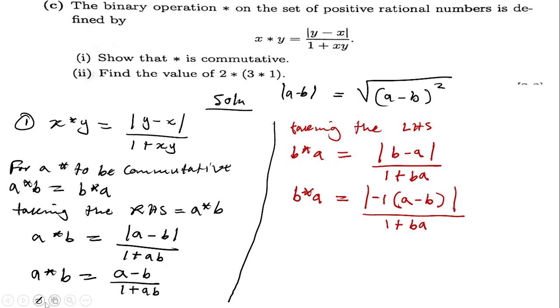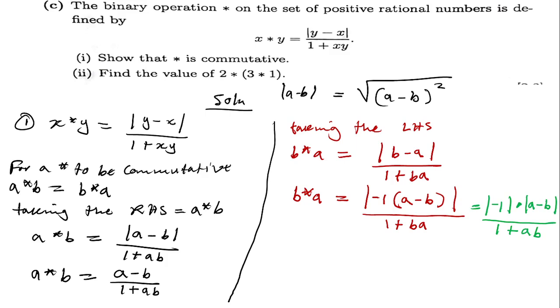After I do that, the next thing I shall do is, this can be written as the modulus of 1 dot the modulus of A minus B, like that. Then over, we're going to say over 1 plus BA, which can be written as AB, since multiplication is commutative.